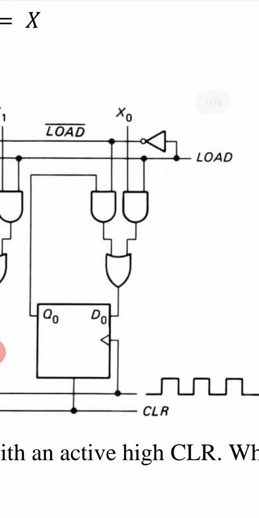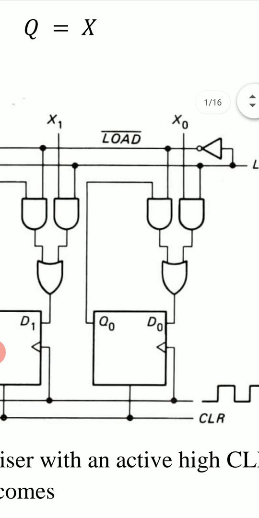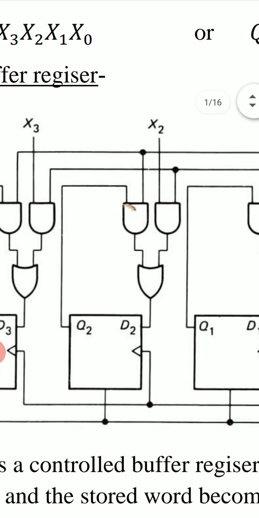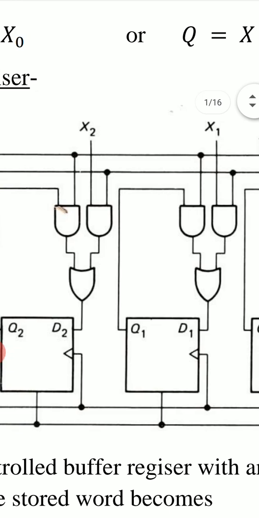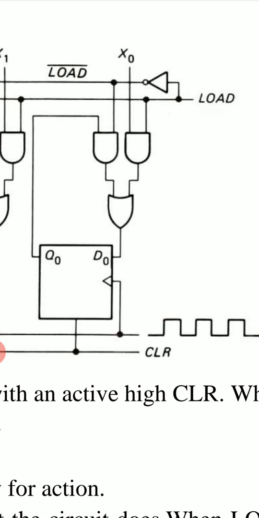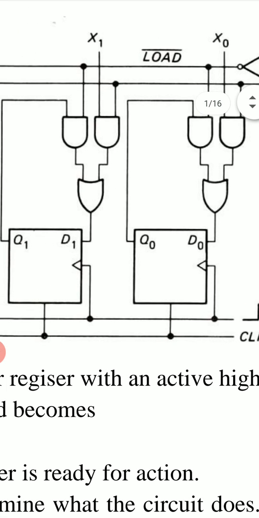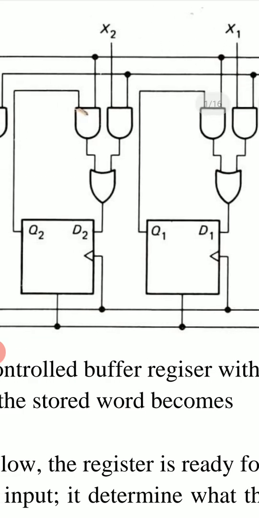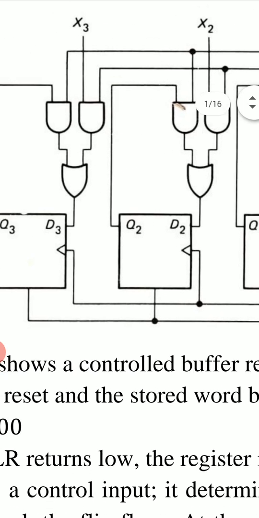And when load is high, then the right AND gates transmit these bits X0, here X1, here X2, and here X3. Then D0 becomes X0, D1 becomes X1, D2 becomes X2, and D3 becomes X3.